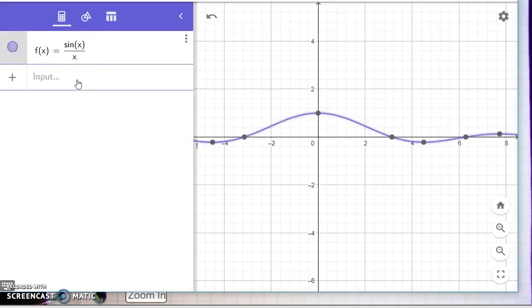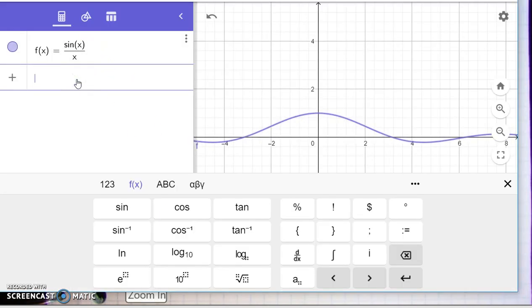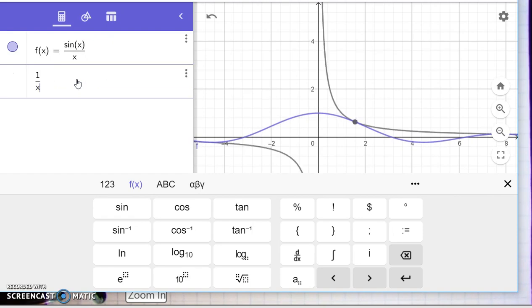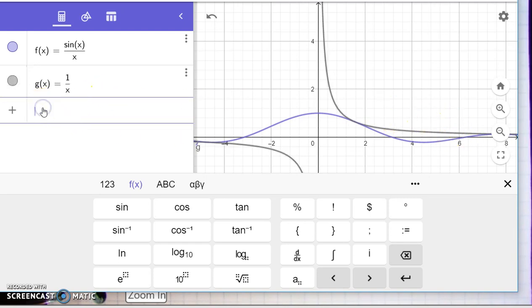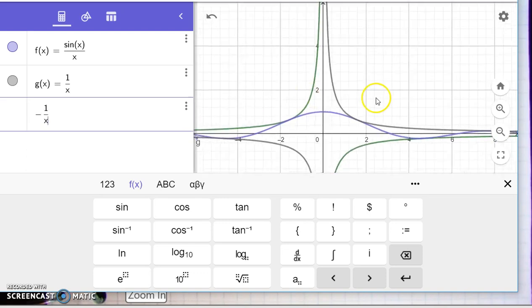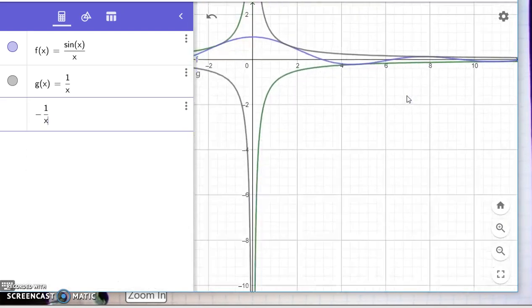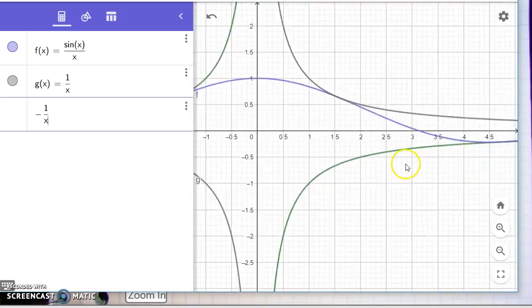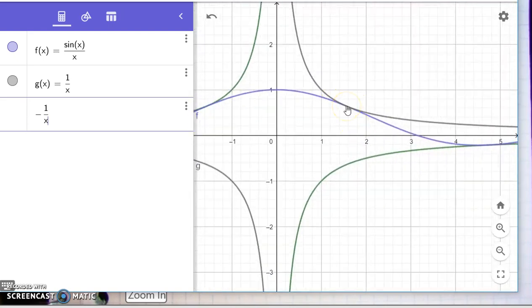So check this out: 1 over x, and then let's do negative 1 over x. Looks cool, huh? I think it looks kind of neat. All right, so let's zoom in here.